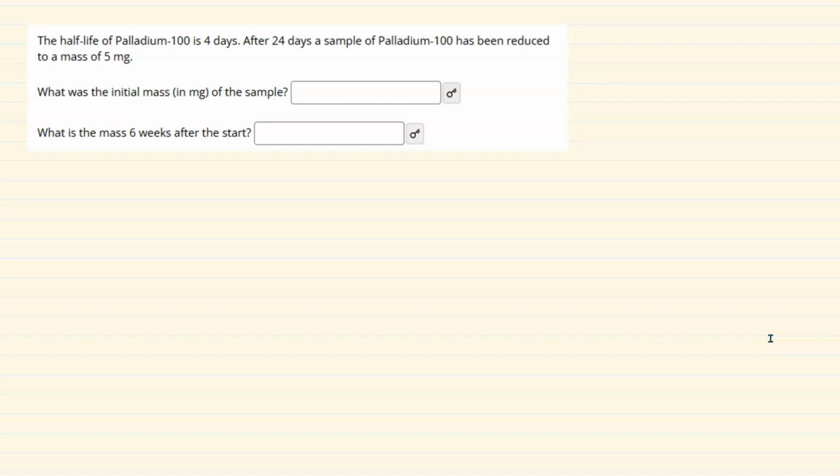Okay, let's take a look at this and write down some of the given information that I just read. So the half-life, and sometimes it really depends on the notation given in a problem, but you can denote this one t subscript 1/2, is equal to 4 days.